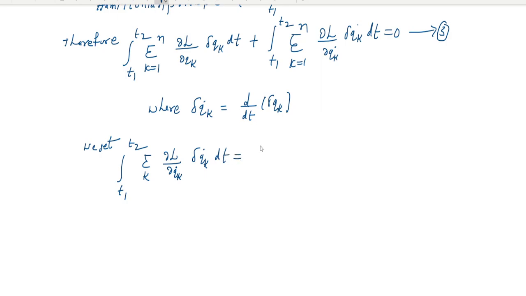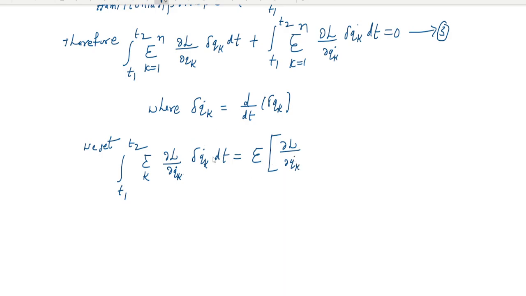Expand this one as integral u v dt, so the summation will give this equation u, and this is dv, right?